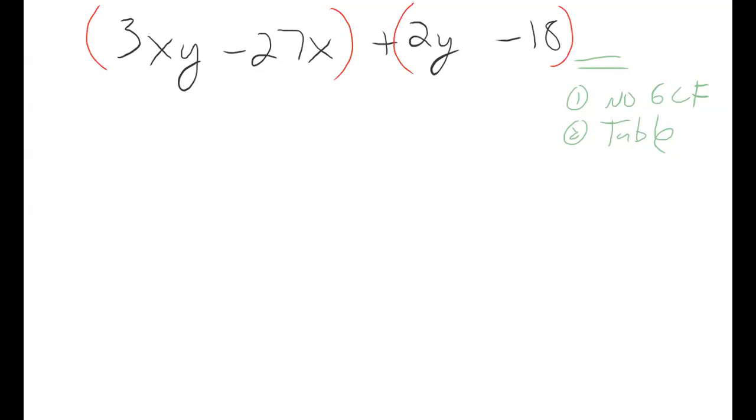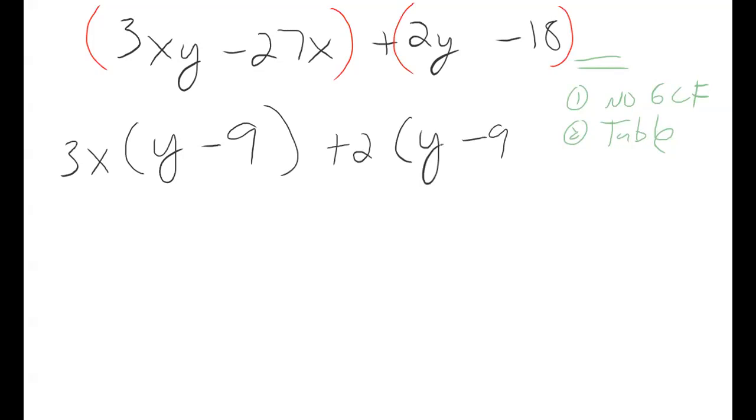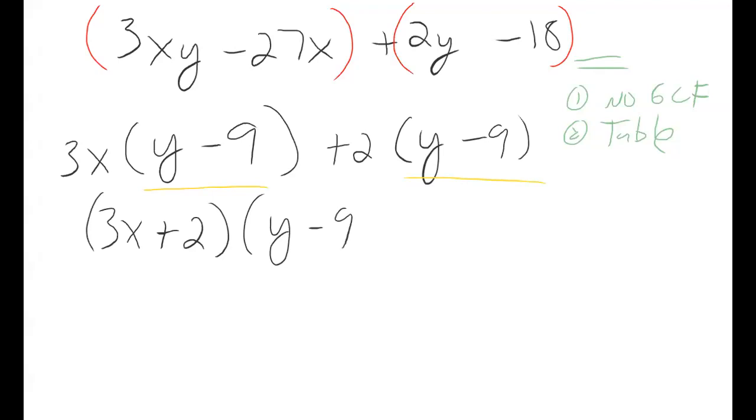Well, I can take out a 3, and I can take out an x, which leaves me y minus 9. Then I go to the second grouping, and I see they're both even, so I take out a 2, and I have y minus 9. These 2 things are identical. I combine my common factors, I rewrite my common grouping, and there is my final answer.